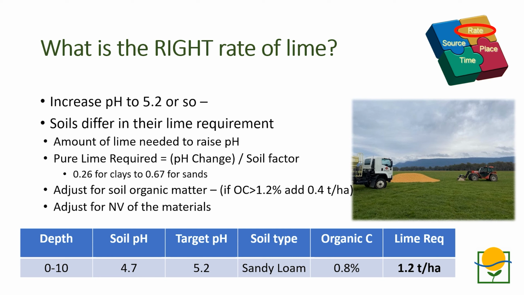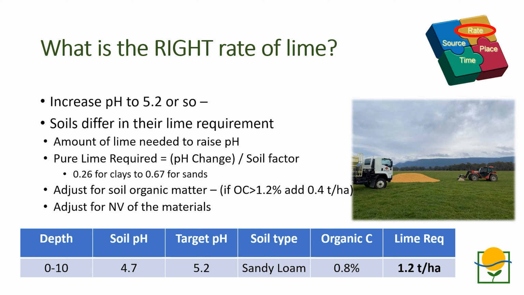We also have to adjust for soil organic carbon levels. If the soil organic carbon is above about 1.2%, we'd need an extra 0.4 tonne per hectare of lime. We'd also need to adjust for the neutralising value of the materials as we've just discussed.